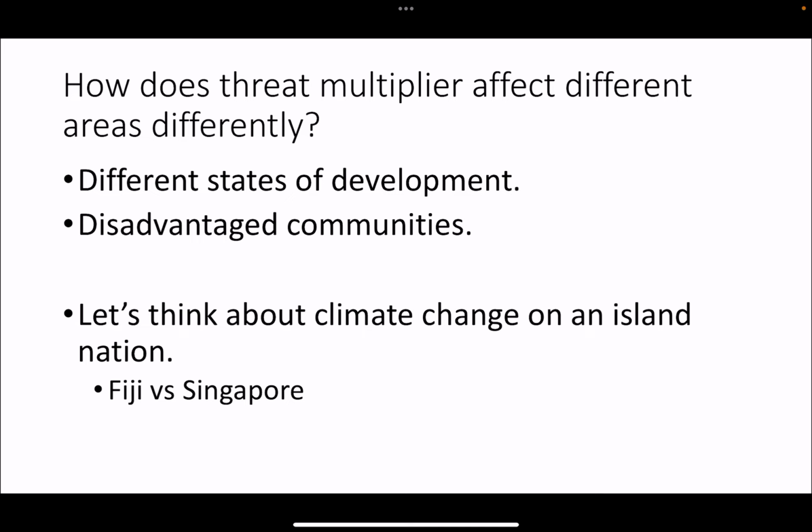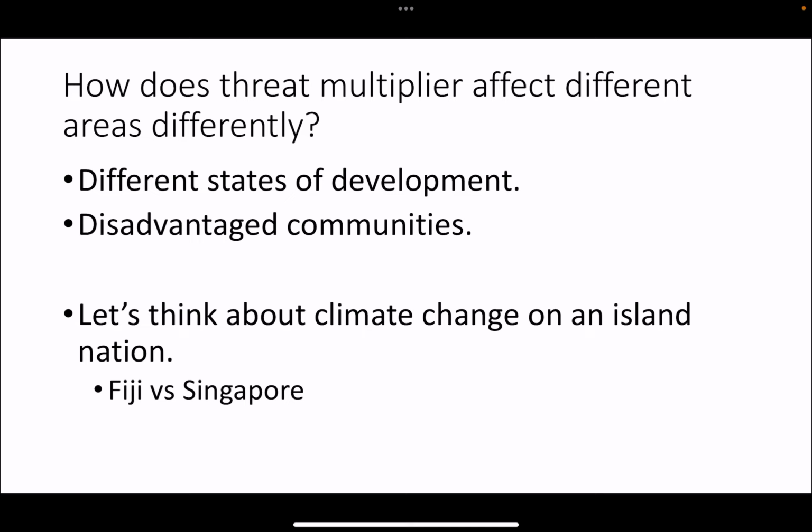Now you need to however be clear that there are differences in terms of how this threat multiplier morphs in different situations and different areas. Why? Because these differences based on the stage of development that the place is at will have a different level of mitigation ability. So there are always going to be disadvantaged communities.